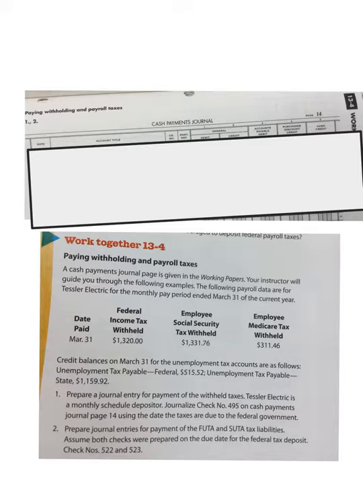We have Social Security tax payable. We have Medicare tax payable. Okay, the normal balance for a payable is a credit. And if we're going to pay it, that means we need to decrease the payable, and so we are now going to debit federal income tax, employee Social Security, and employee Medicare tax.